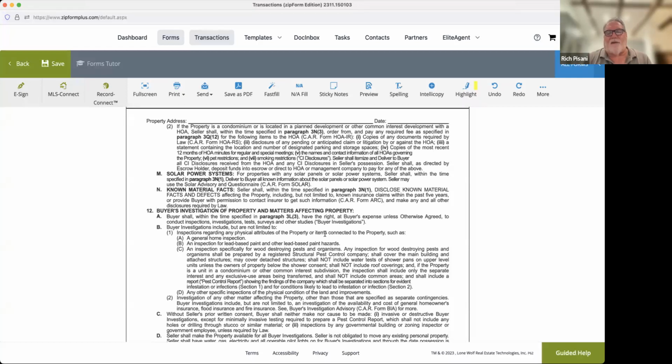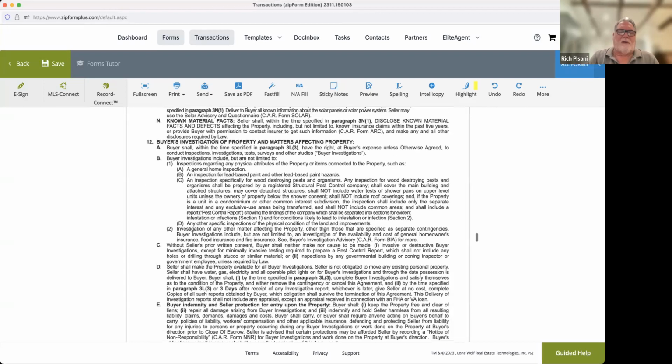Seller shall within time specified disclose known material facts and defects affecting the property, including but not limited to known insurance claims within the past 5 years, or provide buyer with permission to contact insurer to get information. So even if a seller is exempt, even if it is a probate or a surviving trustee, if that seller knows of material facts, they need to disclose it. That doesn't release them from disclosing that.